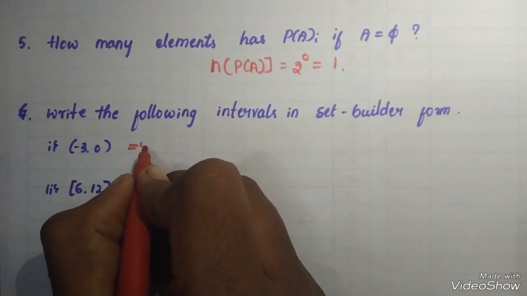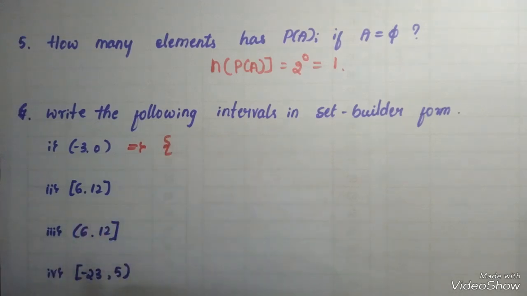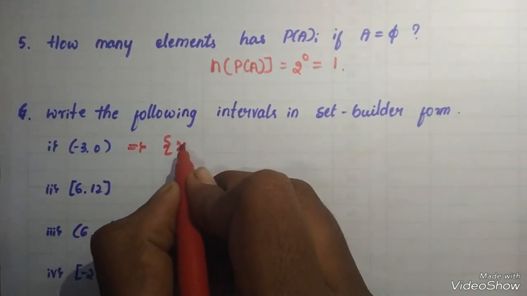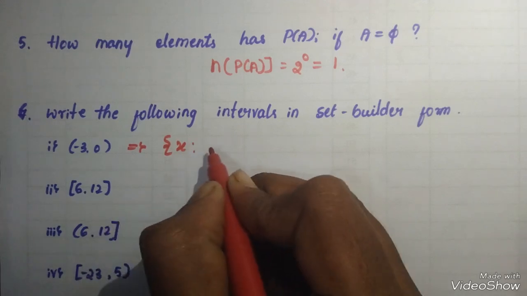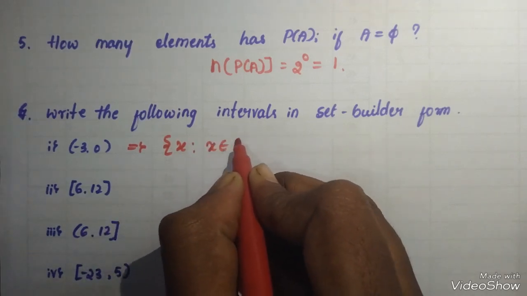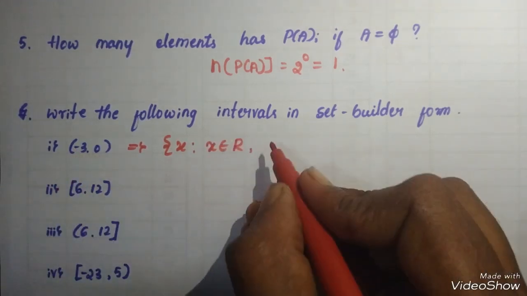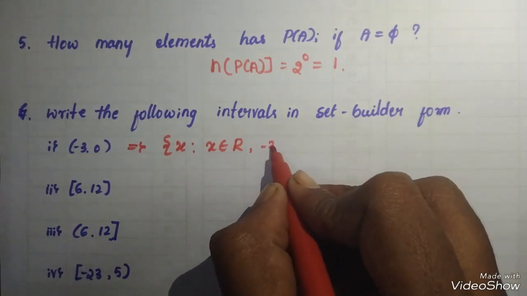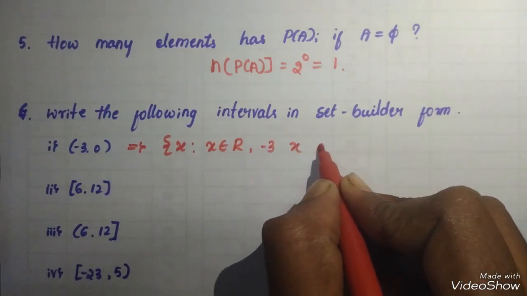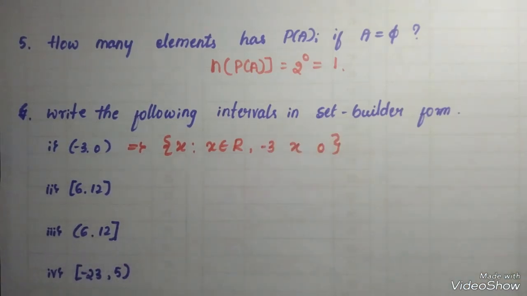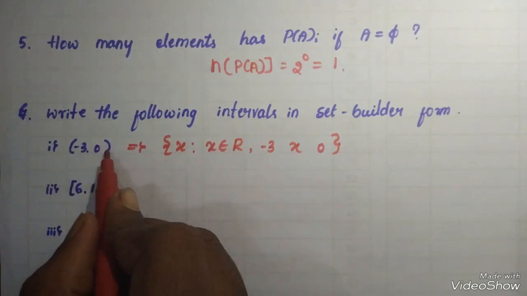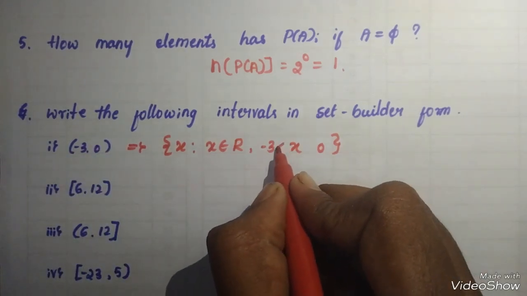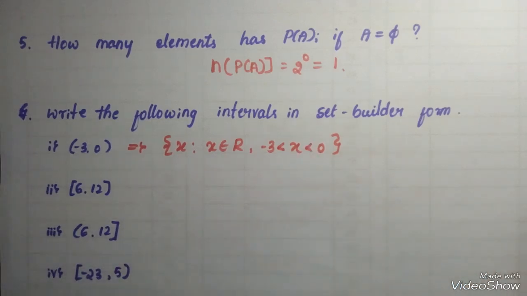The general set builder form can be written as: first write the flower bracket, then an element x such that x belongs to the real numbers. Okay, then we have to write the interval, -3 < x < 0, then close. Now we have to write the symbol. Here both having the open interval, therefore both having less than condition.